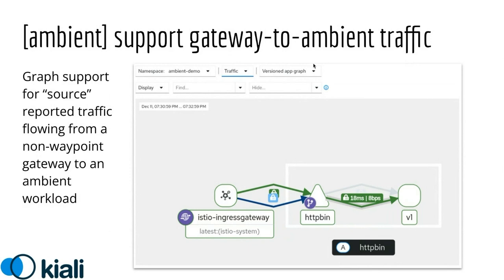We continue to do a lot of work for ambient support. Now that ambient is GA in Istio 1.24, it's been getting even more attention than before. And we're trying to stay ahead of the curve on Kiali. It's challenging because they keep adding more ambient features. They keep making a few changes, although now that it's GA, it should be a bit more stable at least. But one thing that we missed in the earlier versions was this use case of traffic being reported from a gateway outside of the namespace that you selected in the namespace dropdown.